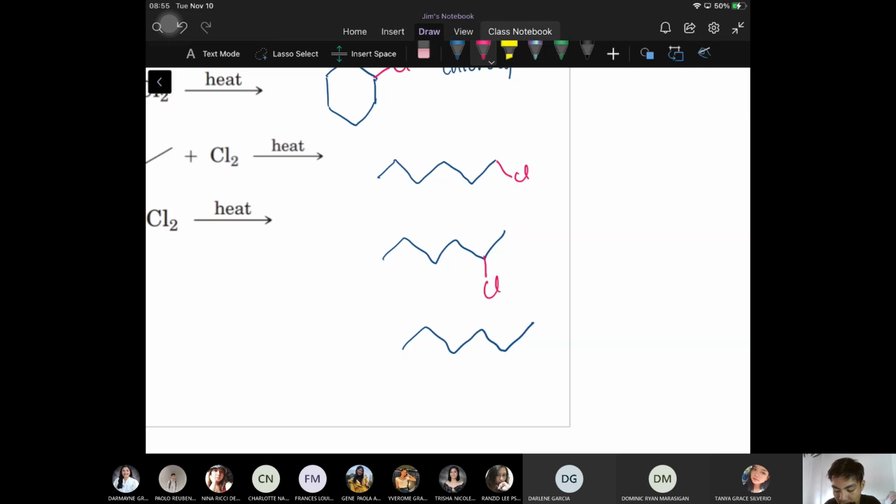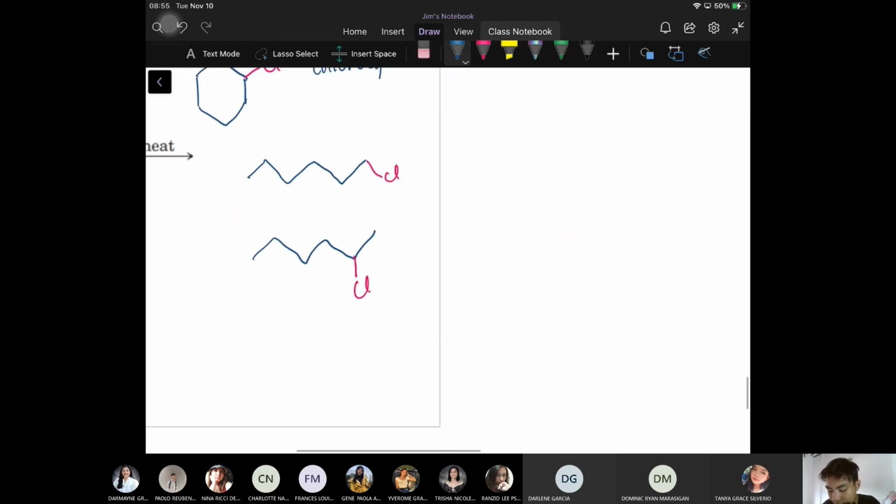Yung isa nasa gitna, sa second carbon. Isa nasa third carbon. Urong ko lang to para may space. Yung isa andito. Baka isipin nyo, sir, ito kaya, pwede ba yata?